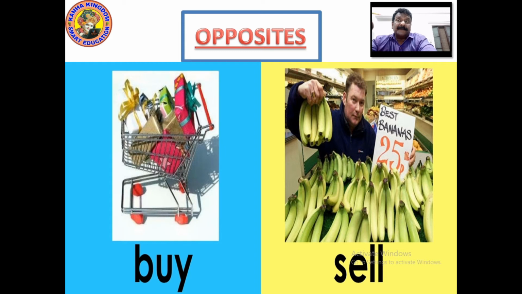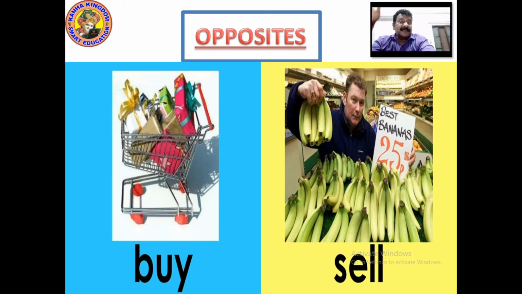So the process of buying, buy. Selling, what is selling? See what he is doing. He is selling the best bananas for 25 paisa. That's what is written. Right? He is selling. And in the cart he has gone to buy something. So when we buy something from the store, it is called buying. The opposite of buying is selling. You can see this guy is selling something.